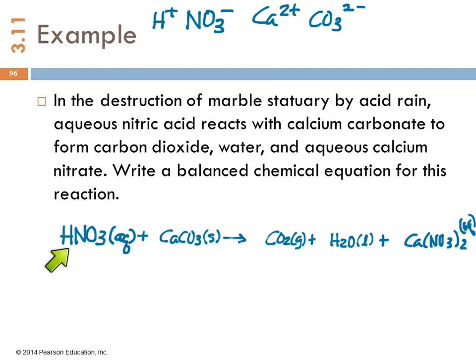Over here, I have hydrogen. On the left side of the arrow, hydrogen only appears right here, and there's one of them. How many hydrogens are on the right side? 2. There's H2O. So I've got 2 there. So if I put a 2 in front of HNO3, I'll have 2 hydrogens on each side.